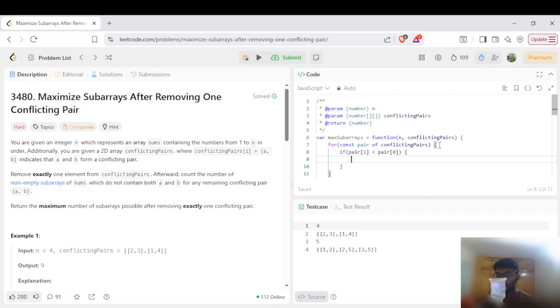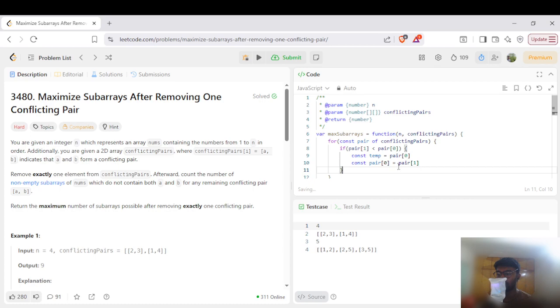This would keep the conflicting subarray pairs normalized such that the value of A is less than B, right?